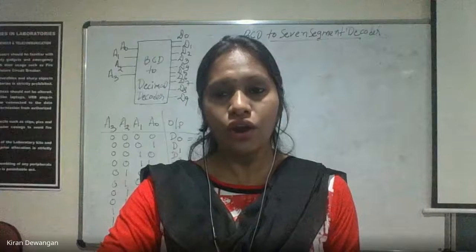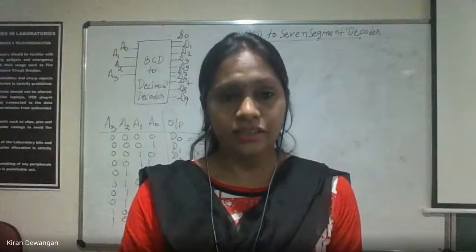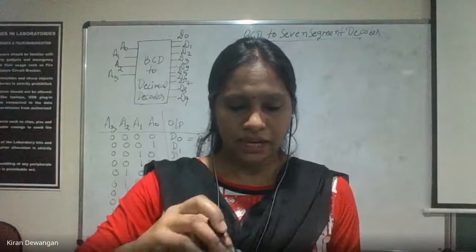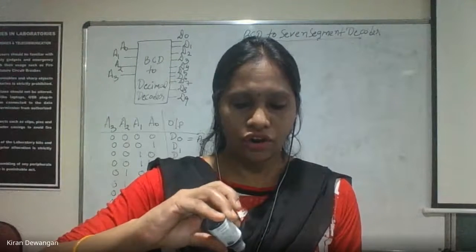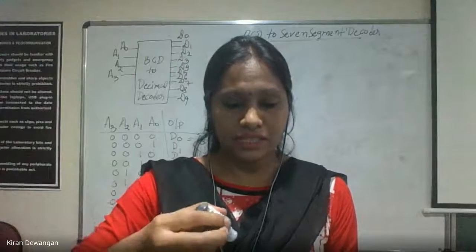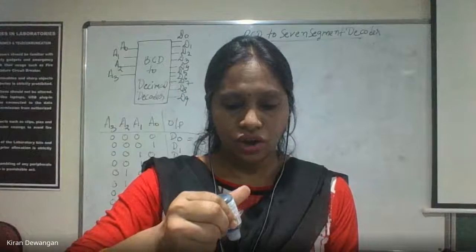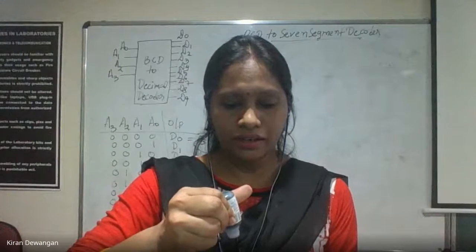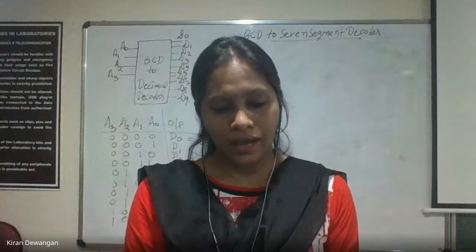We'll be having all 7 LEDs that go high for our decimals. That is, for all 0 to 9, it goes high. Clear?